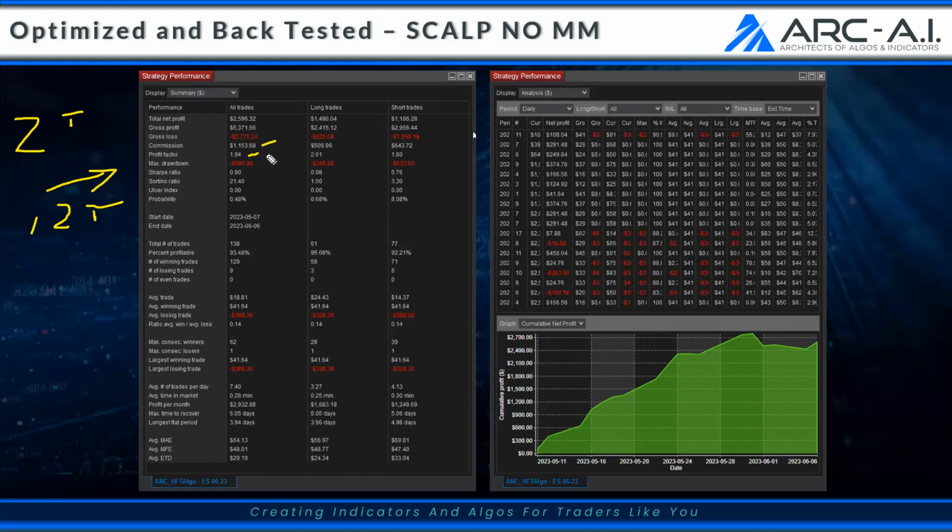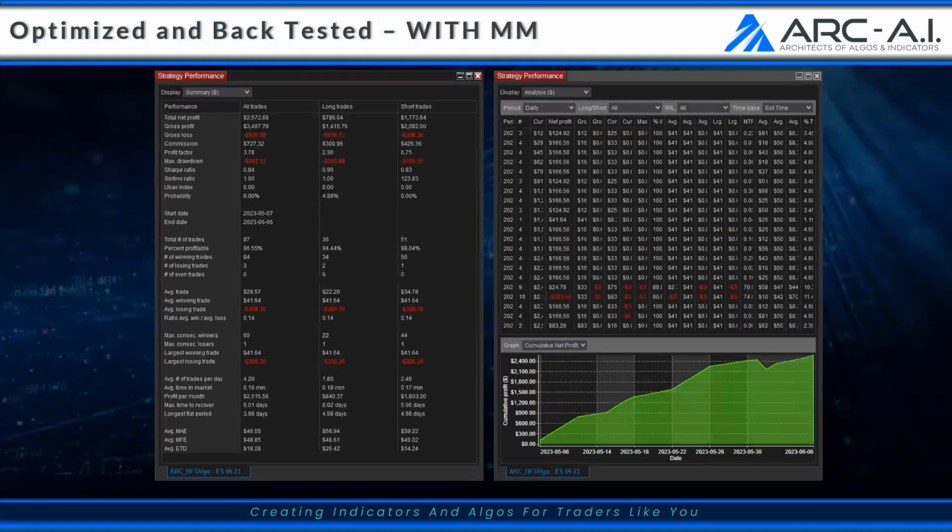So the point is you can really trade it however you want. So let's go over that. And then we've got another setting here that is with money management. So if you want to get to a set target every day, you can do that. And you can see profit factor goes up quite a bit, 3.78.